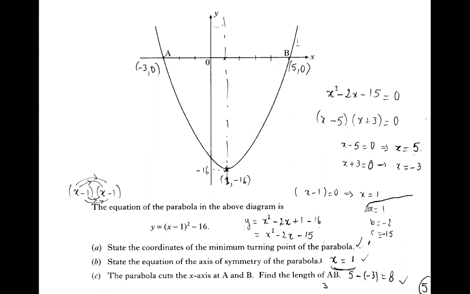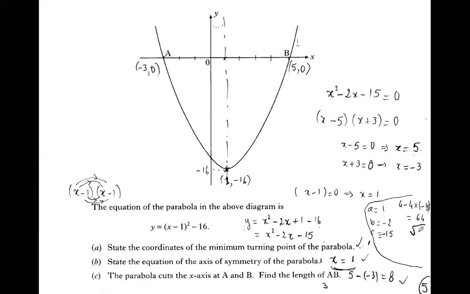And you could work out what b squared minus 4ac is. So that's 4 minus 4 times -15, and you would get 64.